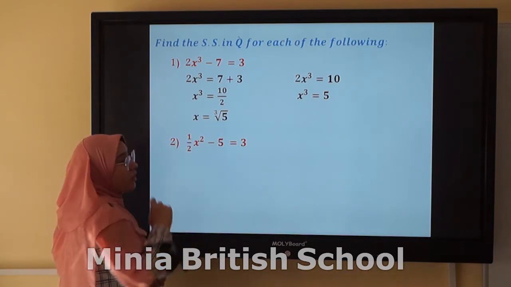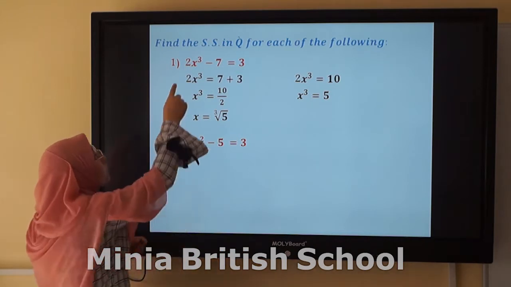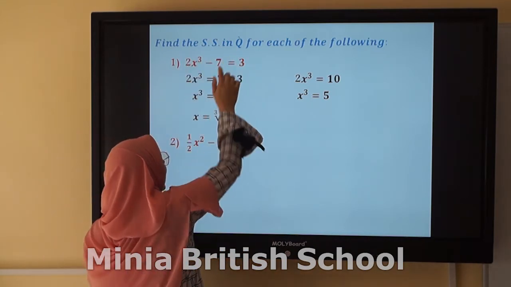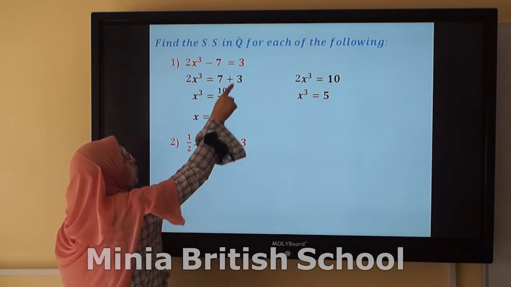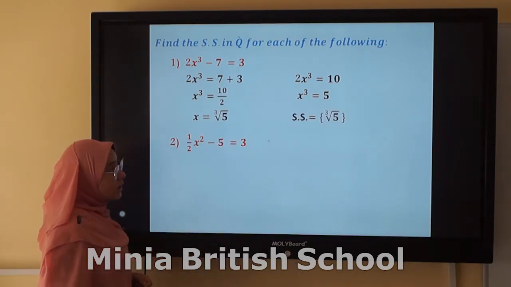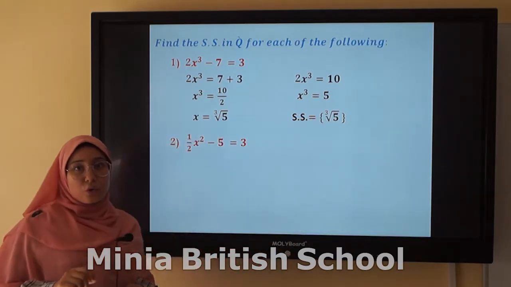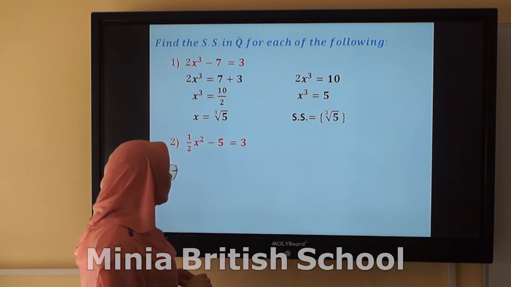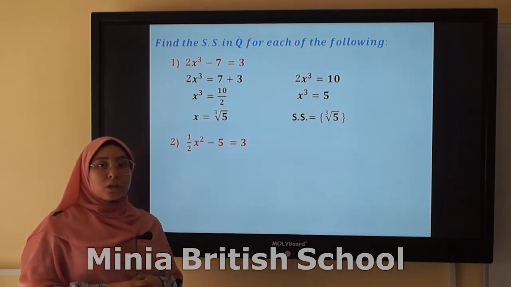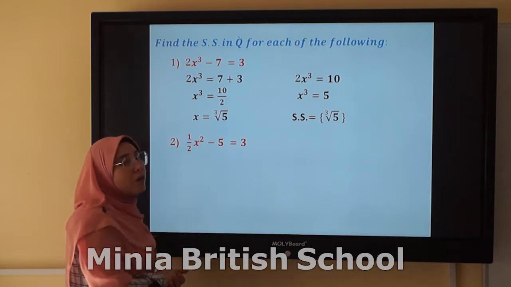Cube root 5. So, solution set in Q dash. This number belongs to Q dash. So, the solution set equals the set of element cube root 5. Okay? Clear.